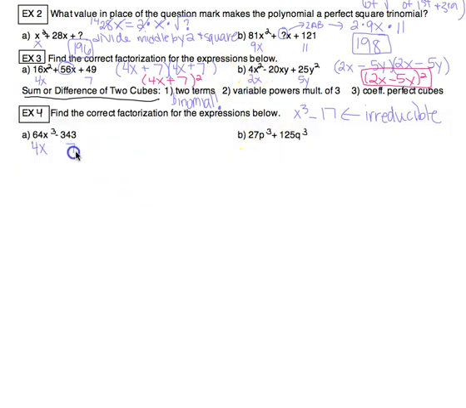So when I factor a sum or difference of cubes, it's a little more complicated than the PSTs or sum and difference of squares. The first thing that I do is create what I call the little parenthesis and a big parenthesis. So you're going to write one that's binomial size and one that's trinomial size.